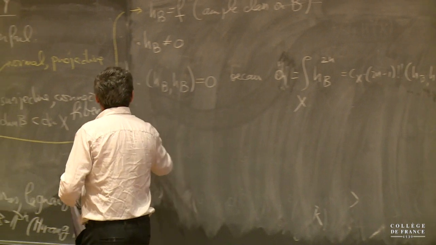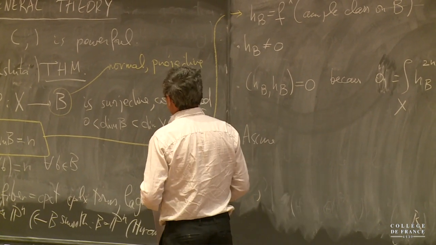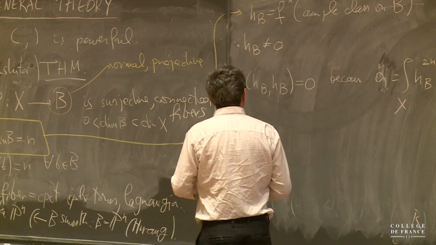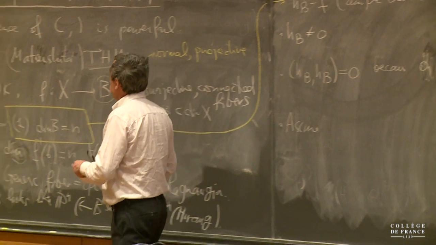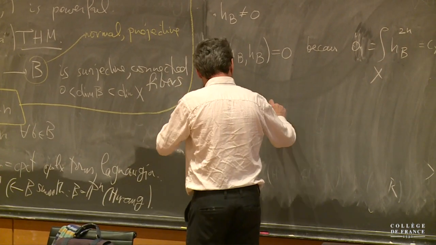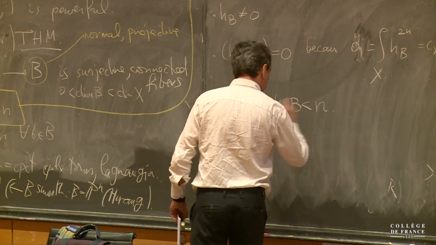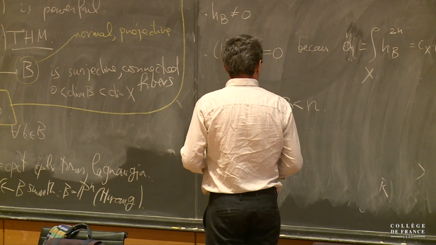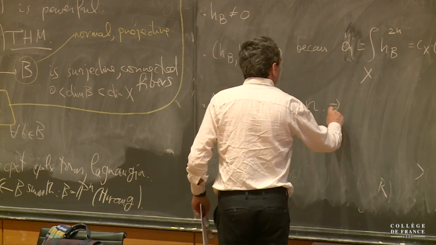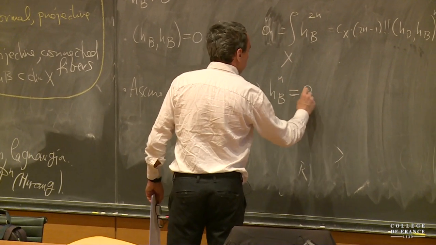Now we want to prove that the dimension of B is exactly n. First we assume it is less than n, then we assume that it is bigger than n. So assume that the dimension of B is less than n. Then H_B to the n is equal to 0.